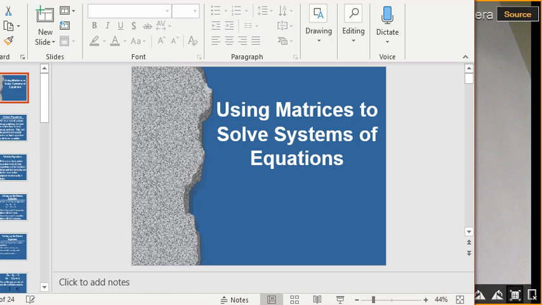So please write this down on your notebook. If you don't have your notebook with you, write it on some pieces of paper. It's going to make your life a lot easier to do the classwork and homework for today. Okay? So we're going to use matrices to solve systems of equations. And I do need you guys to keep your calculators out in front of you because we're going to actually type some of this into our calculators to figure this out. Okay.